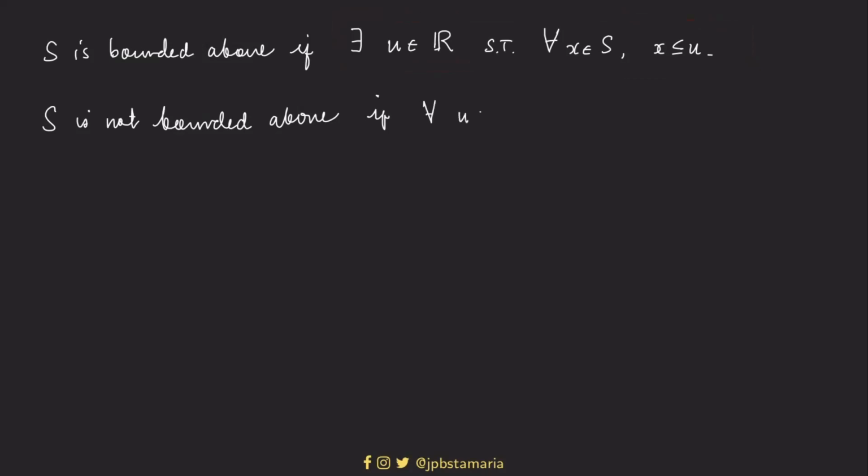For all U in R, there exists an x naught in S such that x naught is greater than U. Pag nag-negate kayo, yung there exists nagiging for all, yung for all nagiging there exists, tapos yung propositional function ninyo ay nag-negate din. So instead of less than or equal to, nagiging greater than.